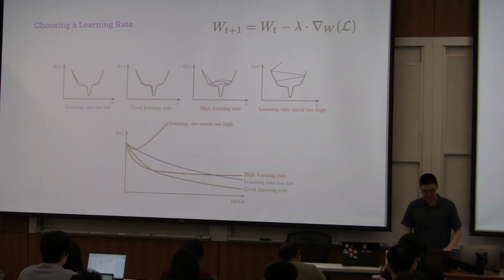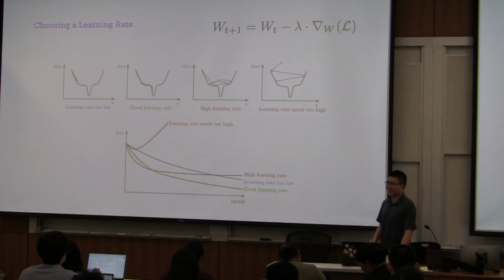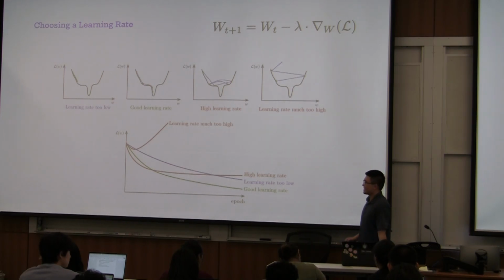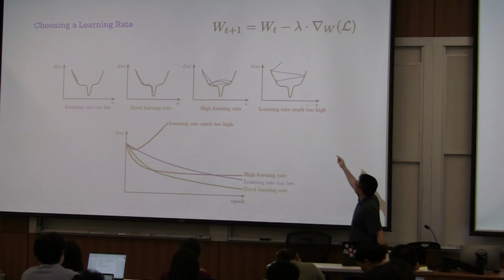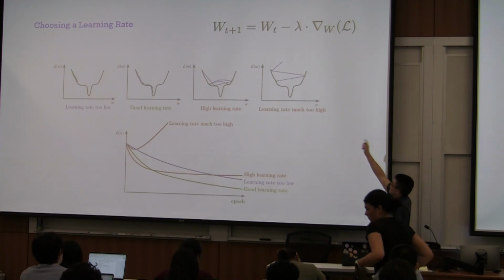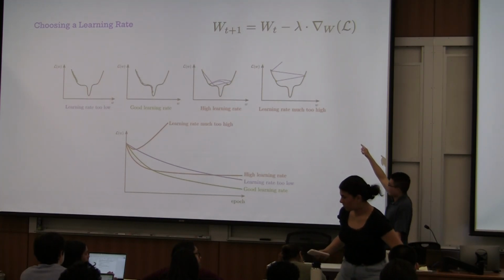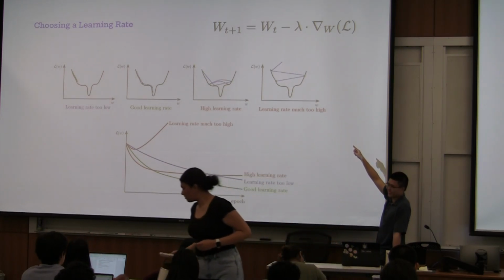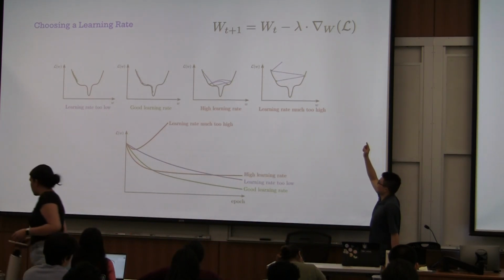So now, how do we compute lambda, right? Well, I'm not going to talk about how we compute lambda, but if lambda was too big, you can see that on the right here, we might just jump out of the loss landscape. We just get farther and farther and diverge.